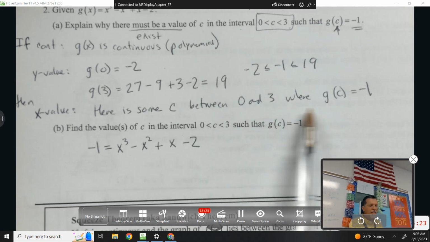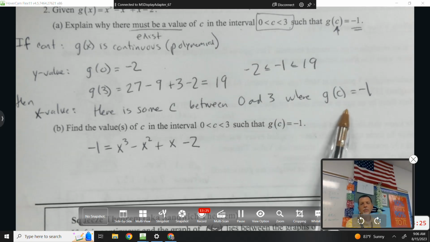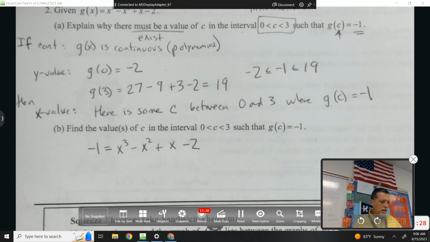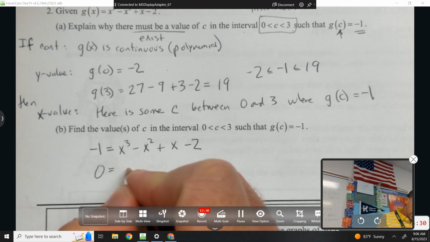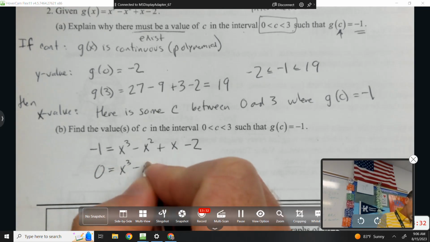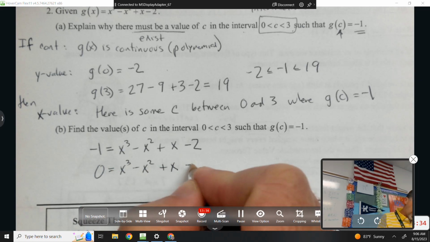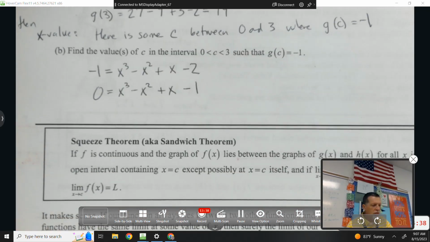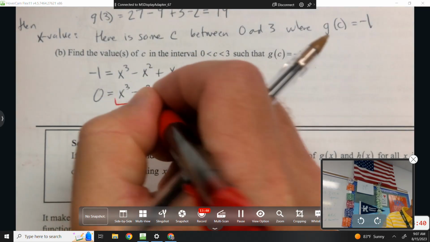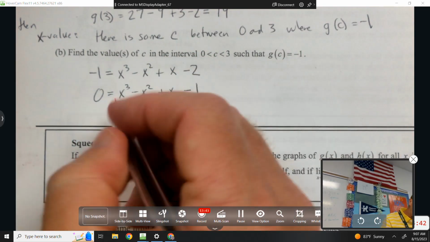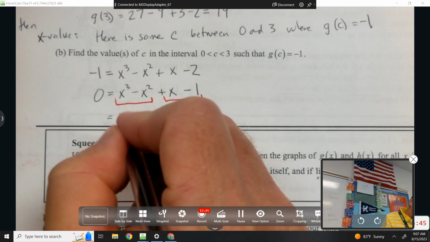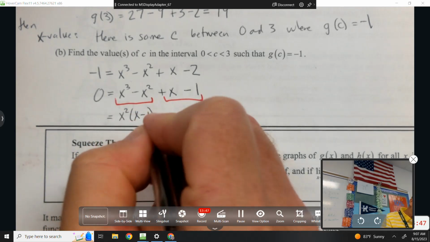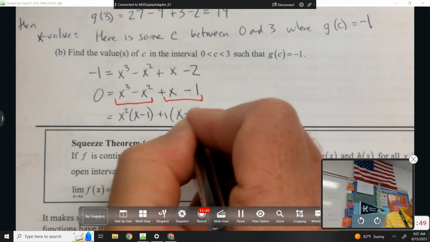Like the IVT guarantees we get at least one answer between 0 and 3. Add 1 to both sides. Ugh, 4 terms. If this thing doesn't factor by grouping, then we're going to be stuck. Oh, that's nice of them.